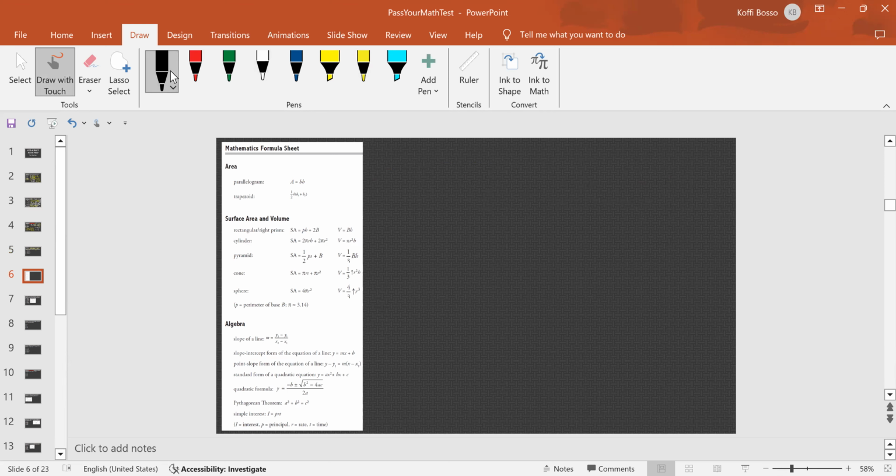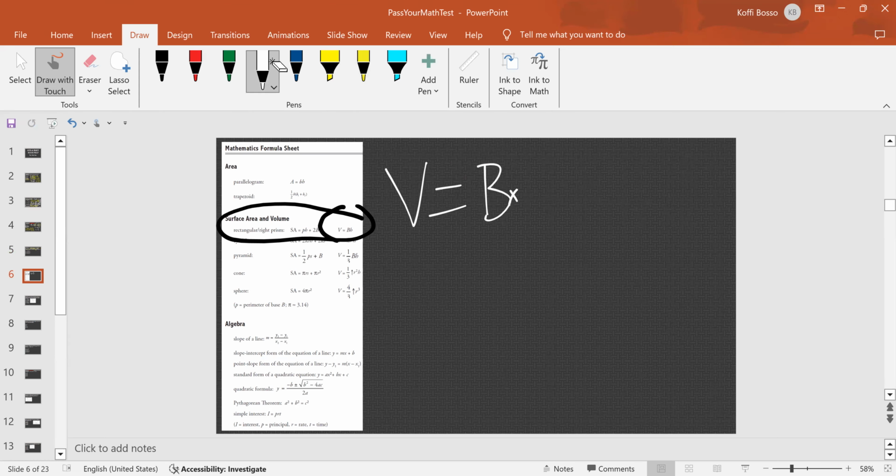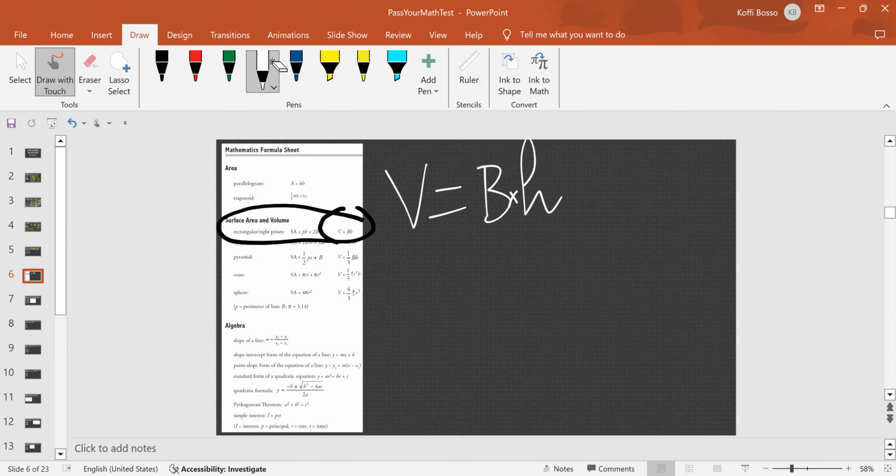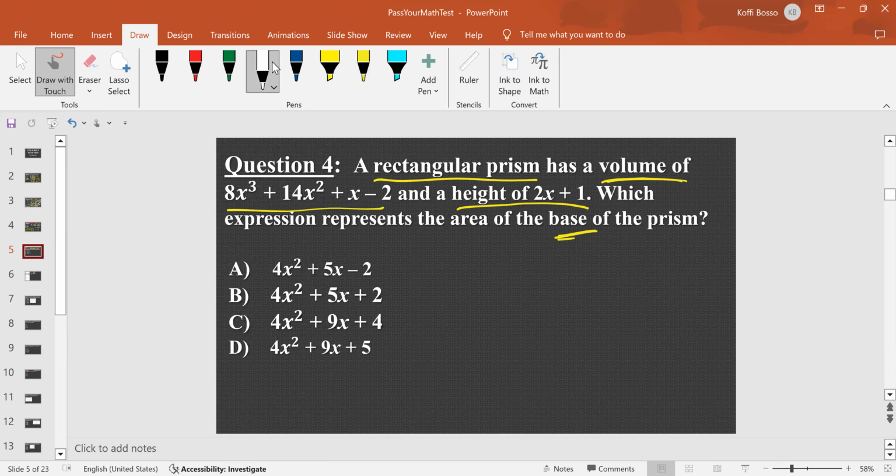Okay, the formula for that volume is B multiplied by H, which is the height. Now, if you go back to the question, they give you the volume in terms of an expression, but it's fine because what we need here is the concept.